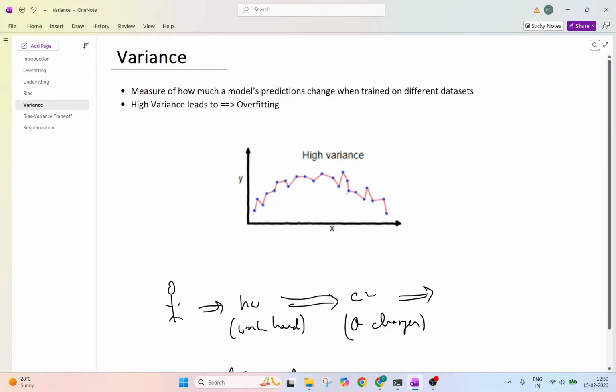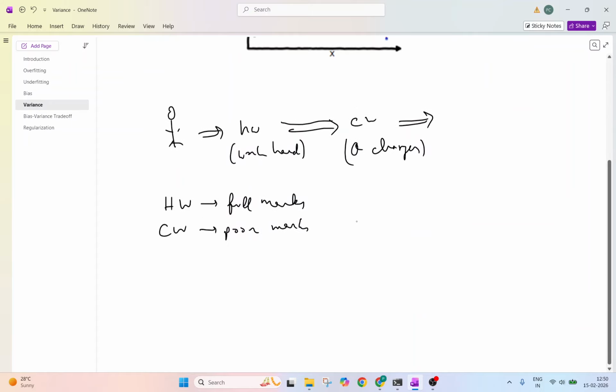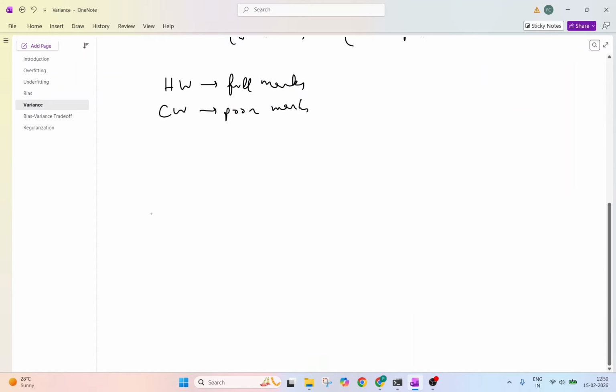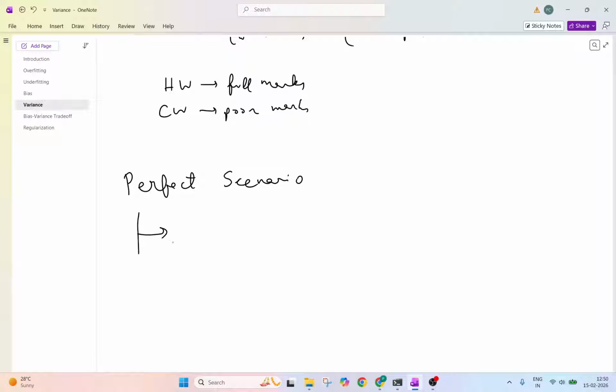Now, what should be an ideal scenario? What do you think? Ideally, the student should understand the concepts, and not the wrong ideas.